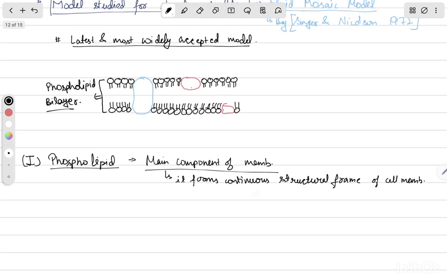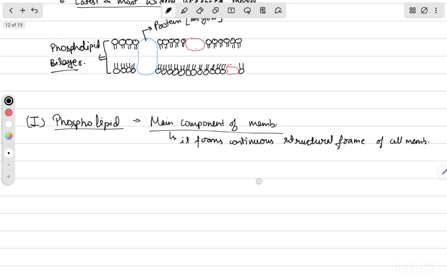In between these phospholipids, these proteins, or we can say integral proteins, are present. Right? Integral protein, or we can say transmembrane protein. Now we'll discuss the structure of transmembrane protein or integral protein or peripheral protein, but first we'll be discussing the structure of phospholipid.